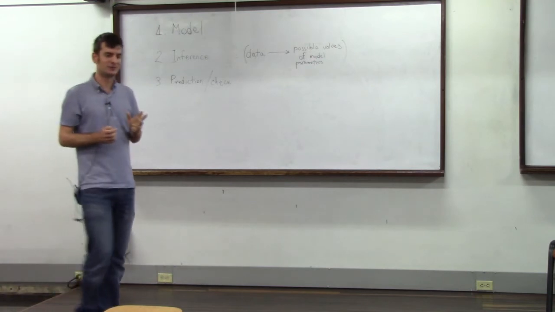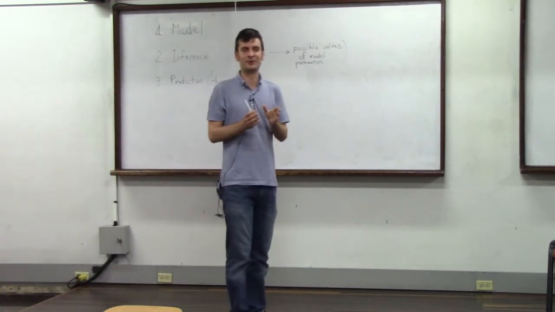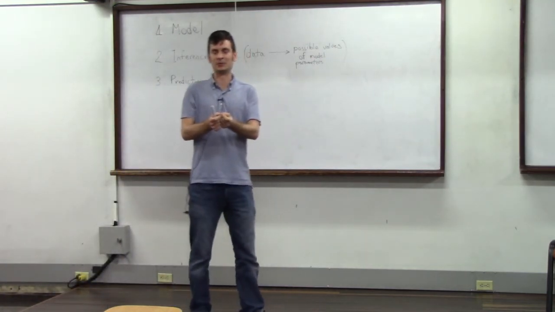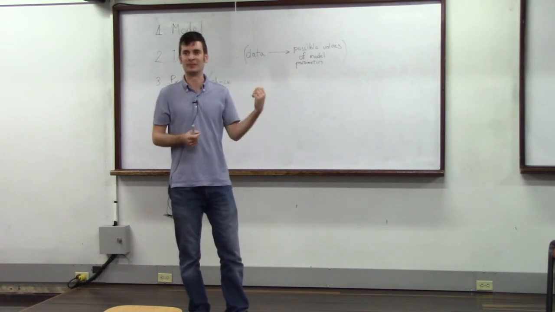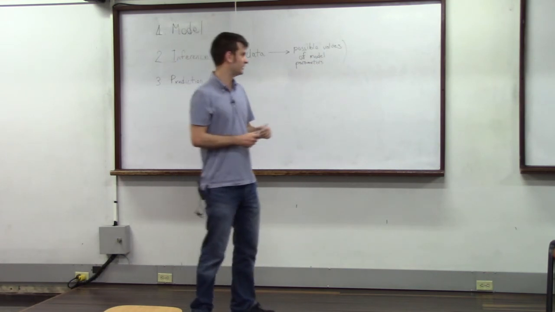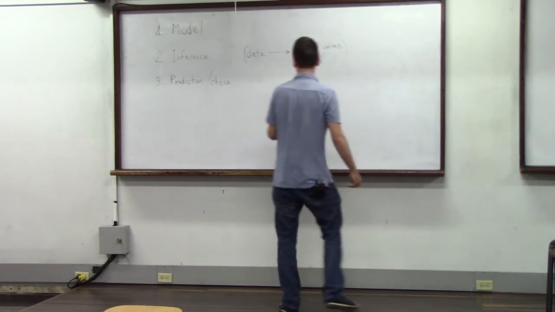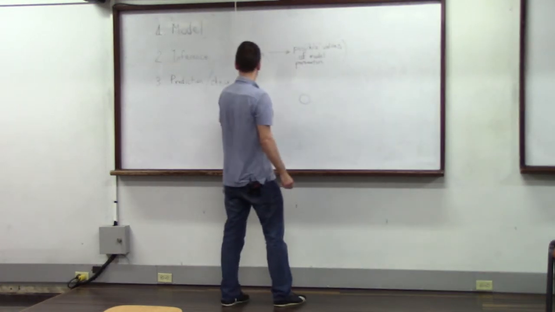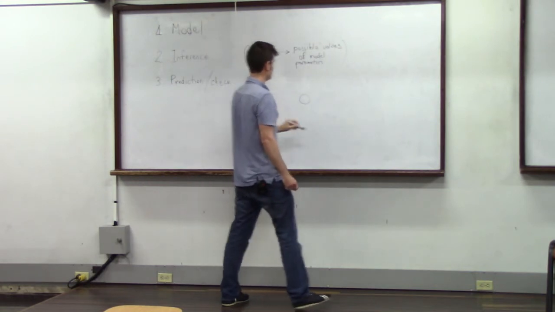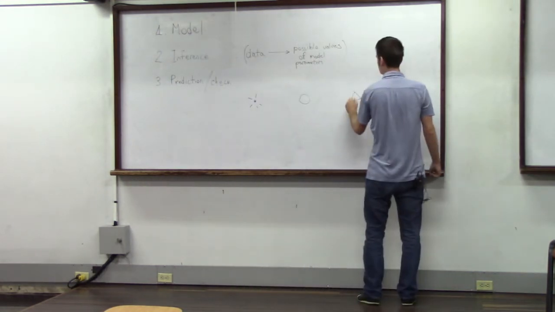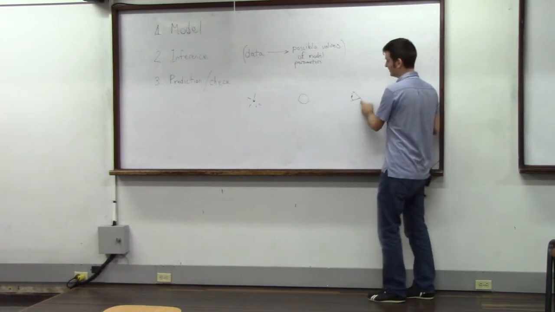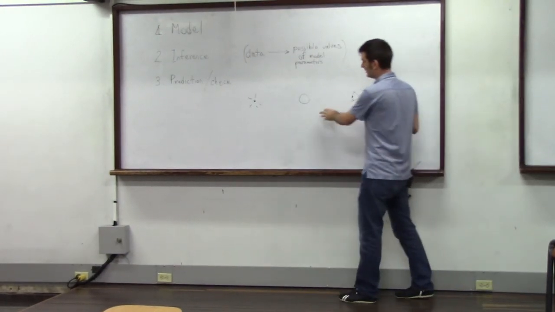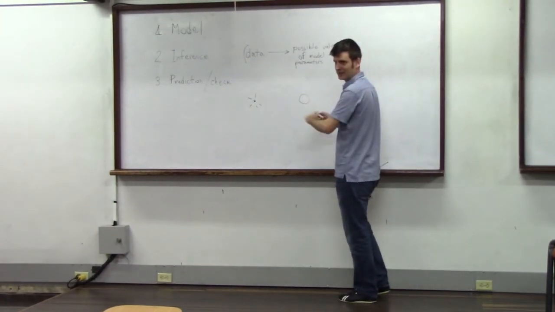So gravitational lensing is a phenomenon where you can have multiple images of the same object in the sky just because... so this is us, we're observing. This is a massive galaxy.